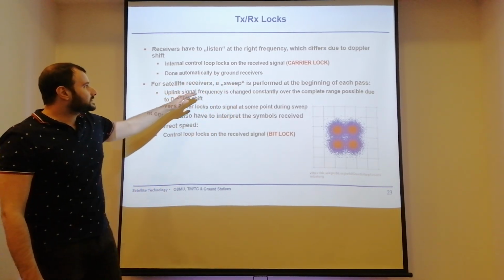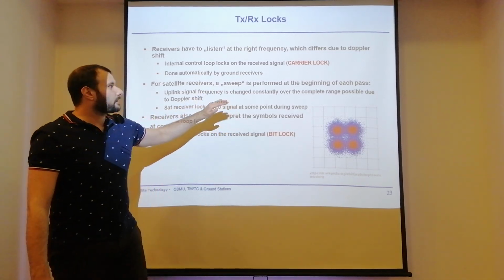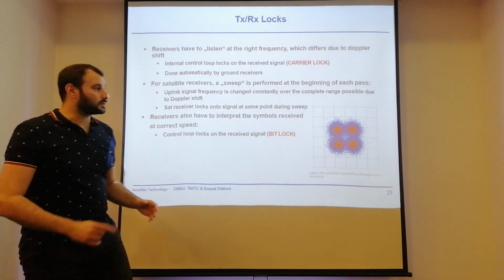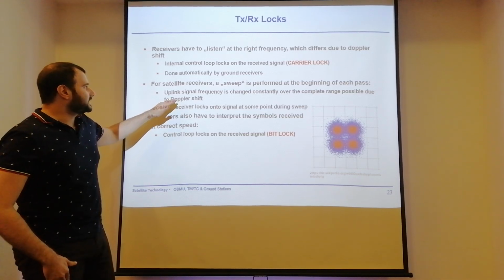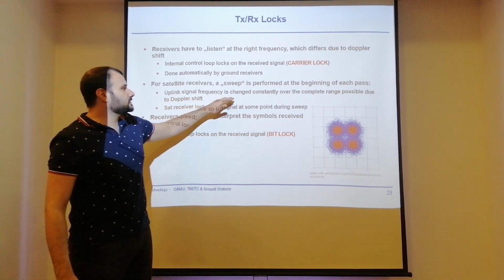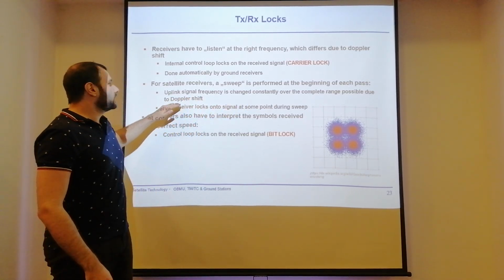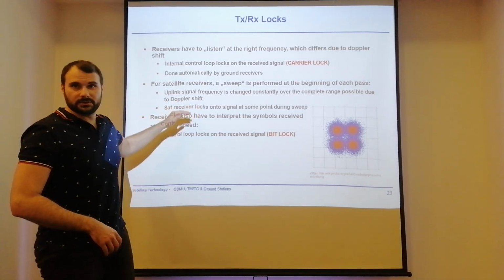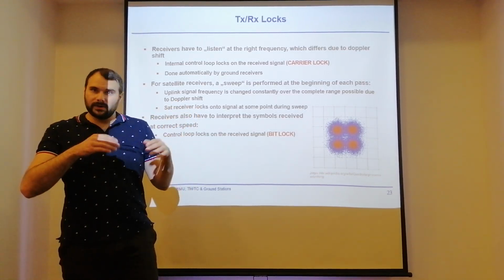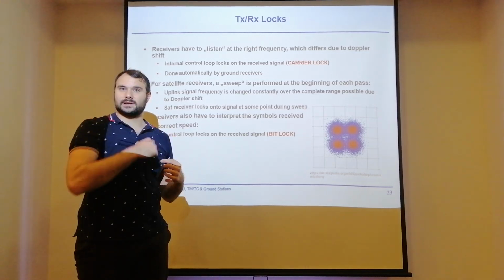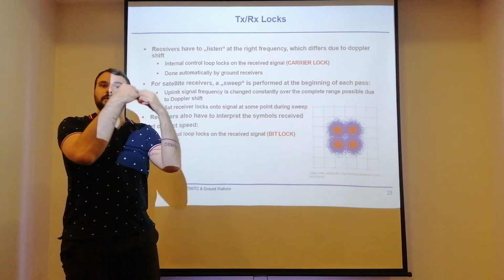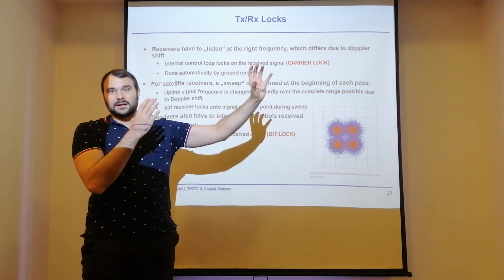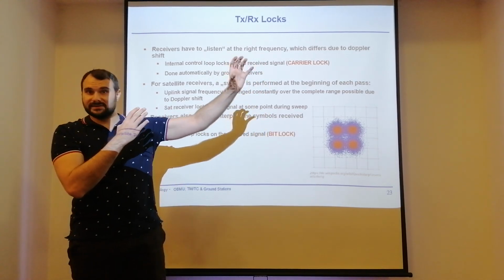For the satellite receivers, you do a sweep at the beginning of each pass. Yeah? So your uplink signal frequency is changed constantly over the complete range due to the possible Doppler shift. So whenever you want to establish an uplink with a satellite, you switch on your signal, but the satellite doesn't know where to find the signal now.